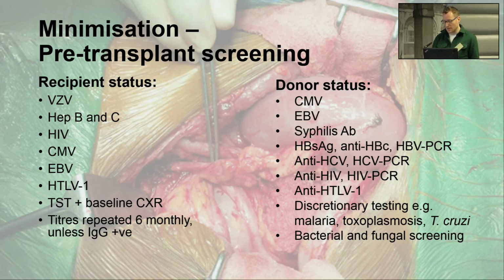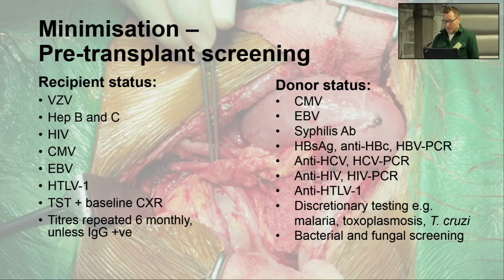HTLV is a group of retroviruses that replicate similarly to HIV, and HTLV1 is the most common one. In chronic infection with HTLV, about 4% of patients can go on to develop a lymphoma-type illness, and 2% can develop a myelopathy. That's one I've never really seen in my career, because we screen for it and it's relatively rare, but I thought I would mention that.